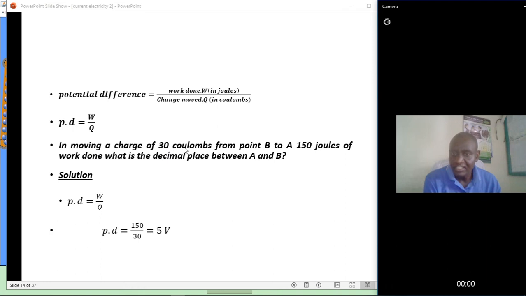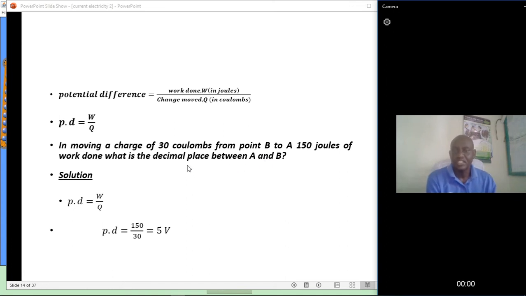In moving a charge of 30 coulombs from point B to A, 150 joules of work was done.